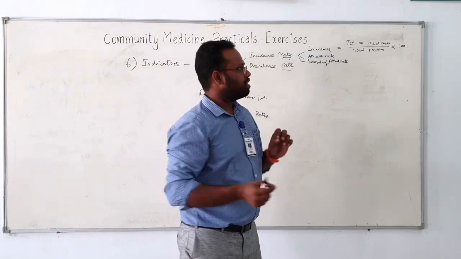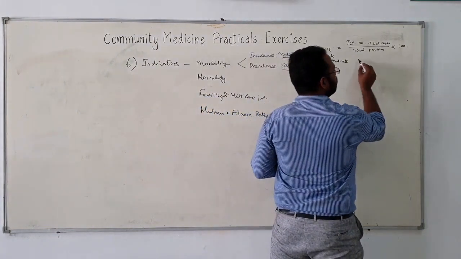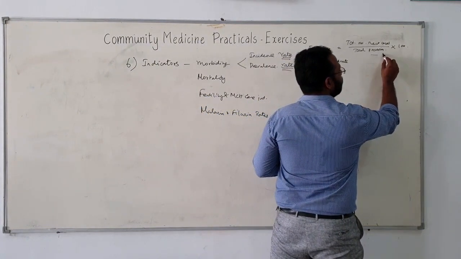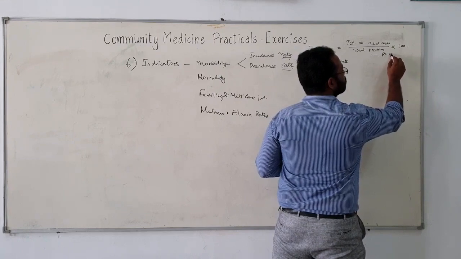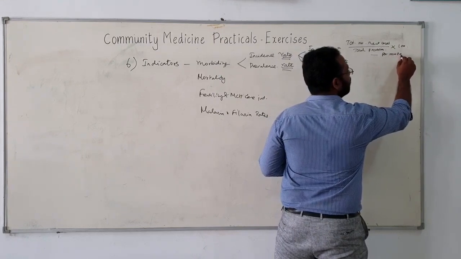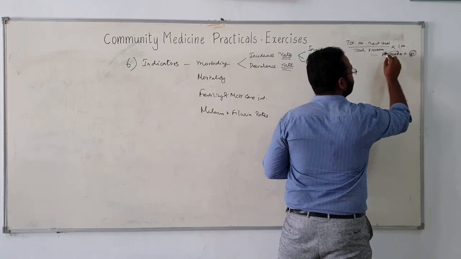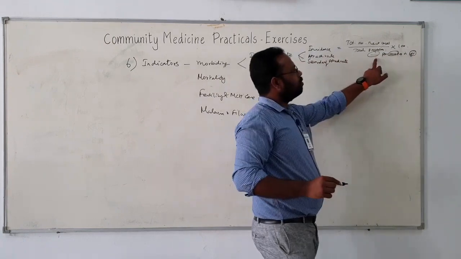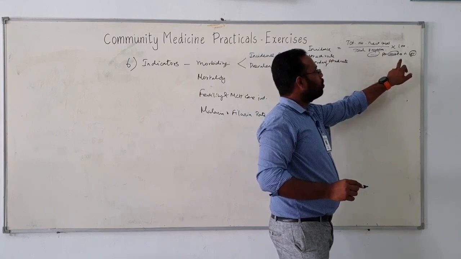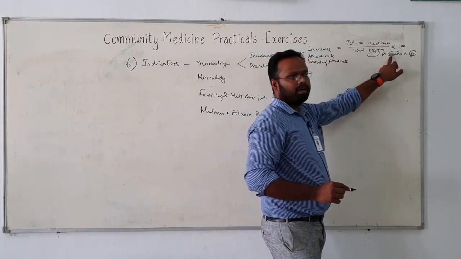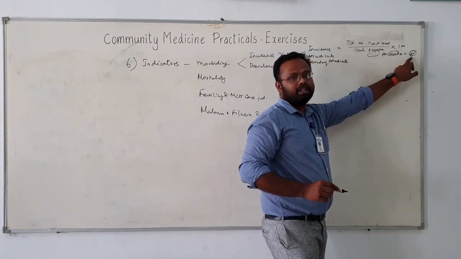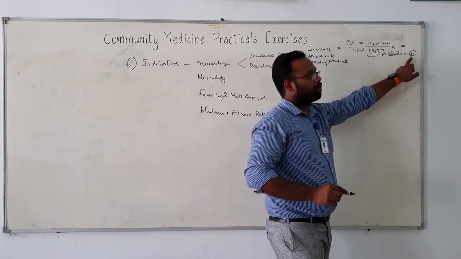But whatever it is, you have to mention the incidence rate per 1000 population in that year. So there are three important components: not only this value, but also the other two, that is 1000 population, and per year, which is also very important.